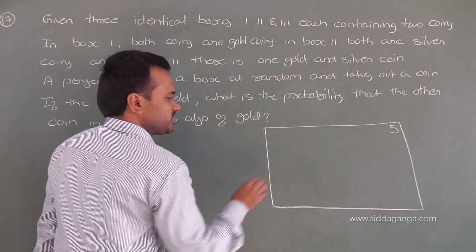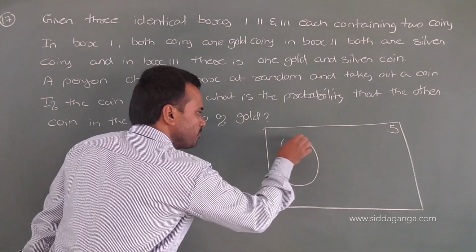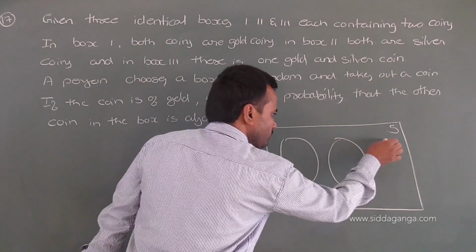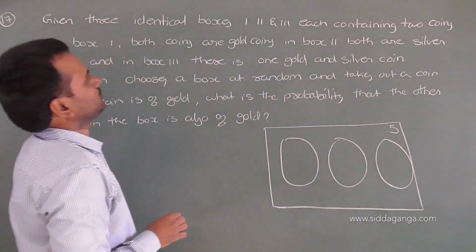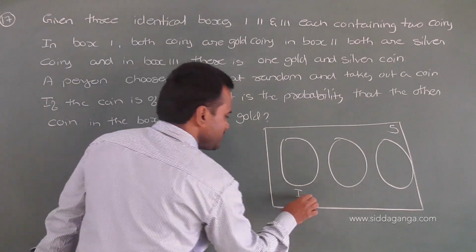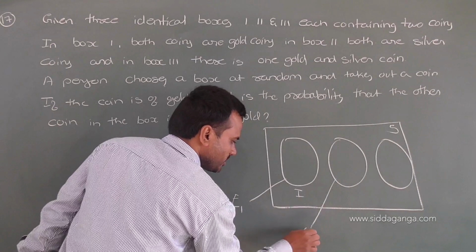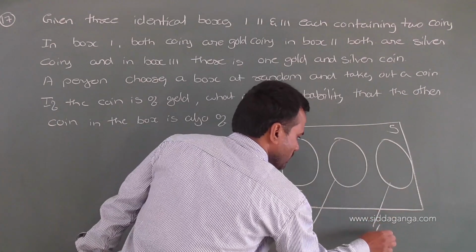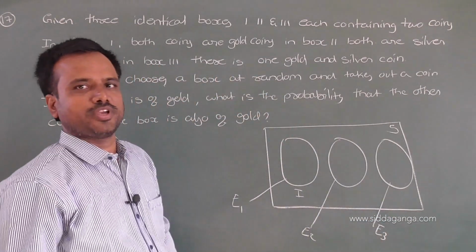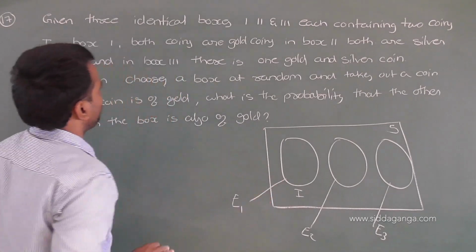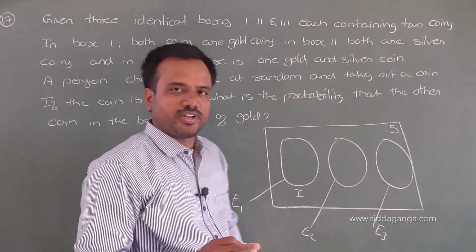In the sample space S, 3 boxes are there. These 3 boxes we treat as mutually exclusive and exhaustive events.